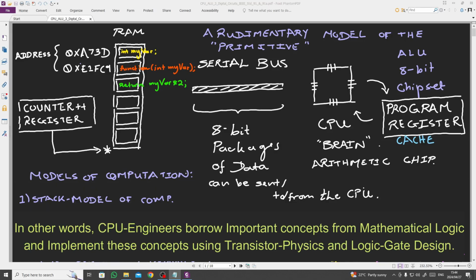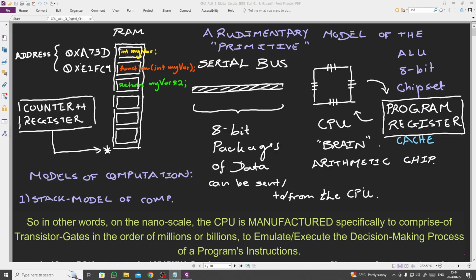In other words, CPU engineers borrow important concepts from mathematical logic and implement these concepts using transistor physics and logic gate design. So, on the nanoscale, the CPU is manufactured specifically to comprise transistors, gates, in the order of millions or billions to emulate and execute the decision-making process of a program's instructions.